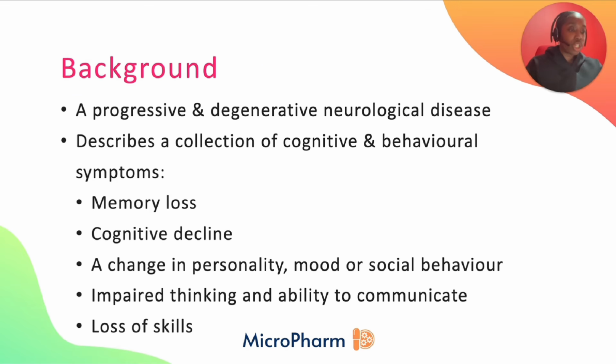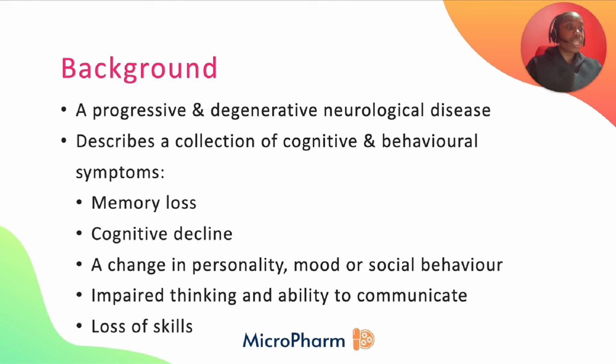So what is dementia? Dementia is a syndrome, which means a group of related symptoms. Overall, it's a decline of brain functioning. It's progressive and degenerative, and currently there isn't a cure. So treatment focuses on slowing down the progression and trying to reduce symptoms. With dementia, there are some key symptoms.